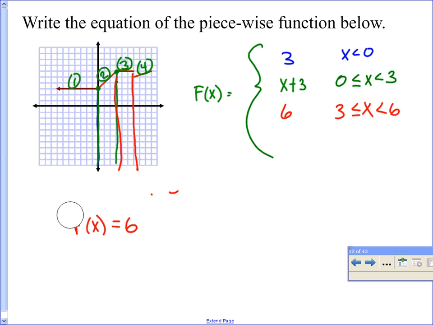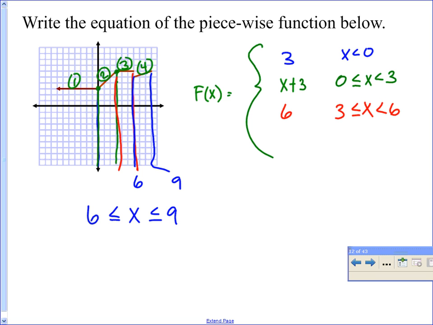Now we have one more equation to take care of. This equation picks up at the x value of 6, and it goes to the x value of 9. So x is between 6 and 9. Since it's the last equation, we're going to let this endpoint be a part of it, so I have the equals here this time.